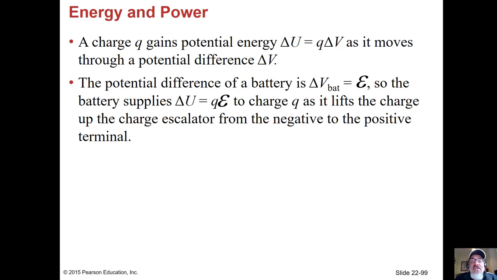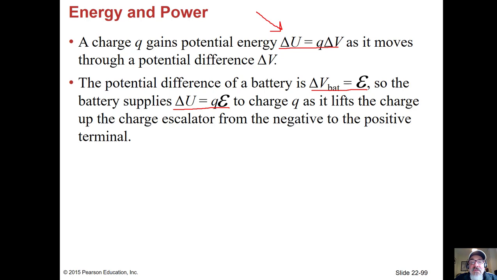So a charge gains energy. This goes back to the last chapter actually, as it moves through a potential difference. So that's kind of like the ski lift analogy. The voltage of the battery, we're calling this squiggly E now. So the amount of energy that the battery actually supplies us then, from what we've done before, remember this is potential energy, Q times delta V. It's just that the delta V of a battery is called the squiggly E. So this is how much energy we have.